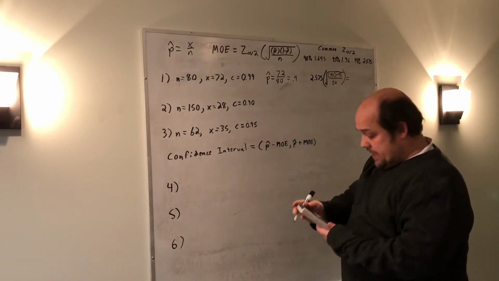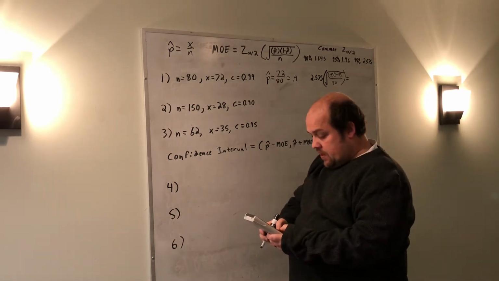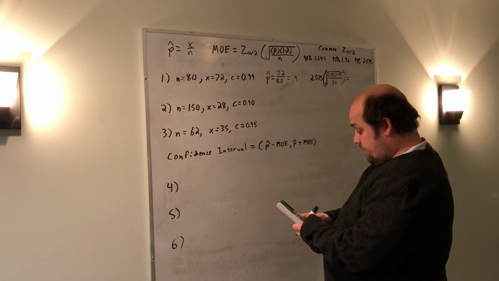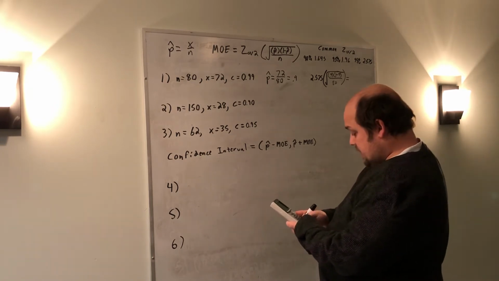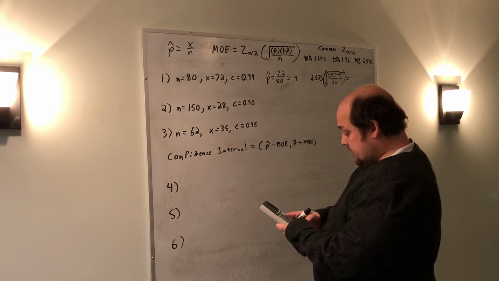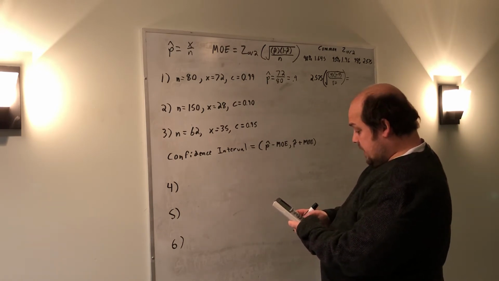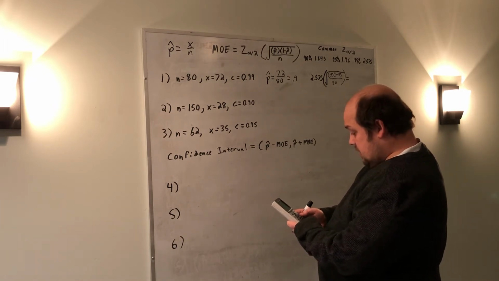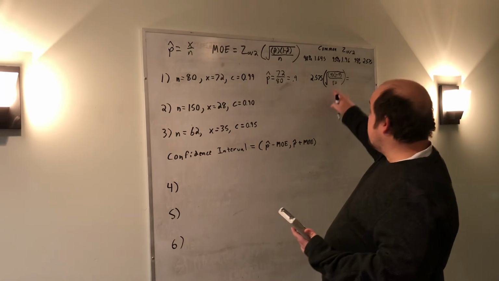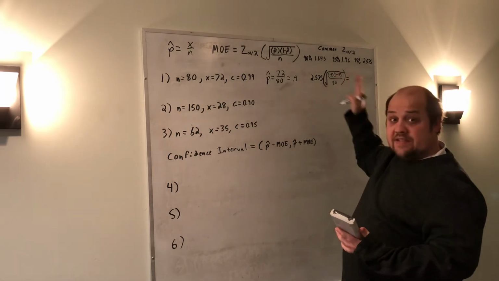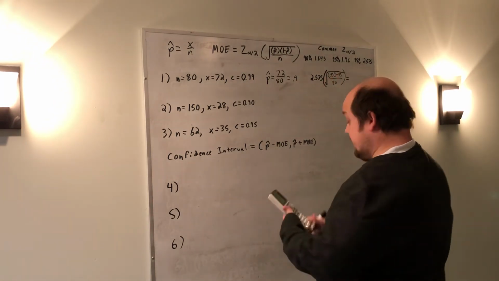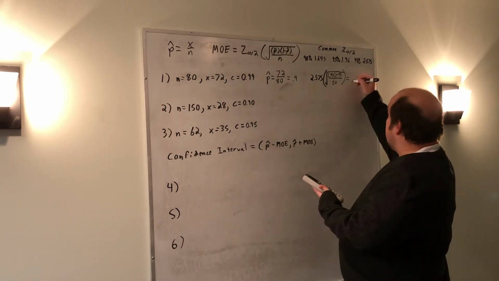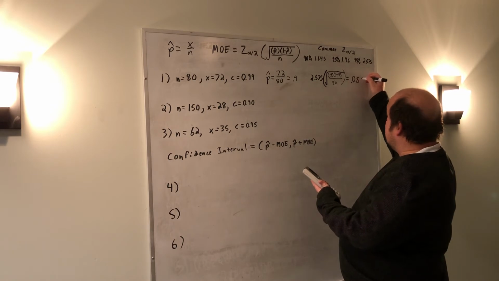When I put this into my calculator, 2.575 times parentheses, the root of parentheses, 0.9 times parentheses, 1 minus 0.9, divided by 80. So again, make sure all this stuff is happening under the root. Parentheses are very important here. When I put all of this in, I get 0.086.